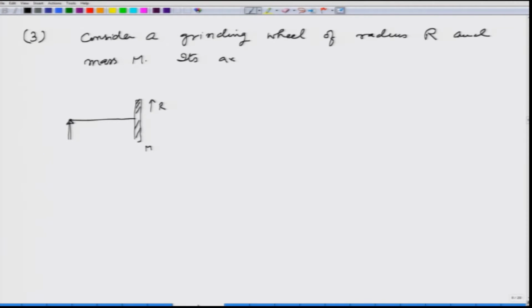Its axle is of length L. So, let us take this length L and is pivoted at one end.